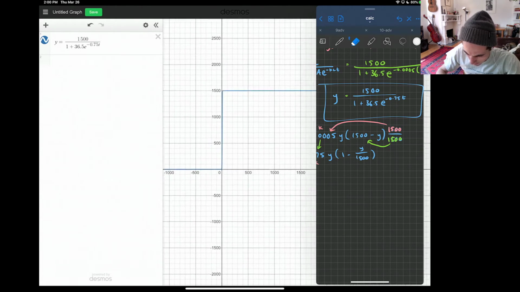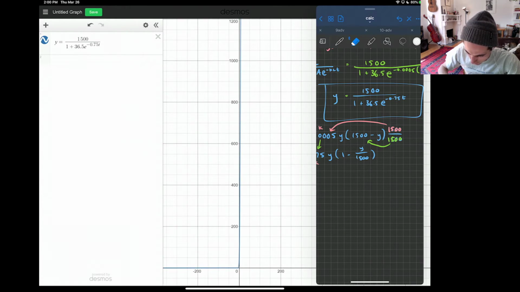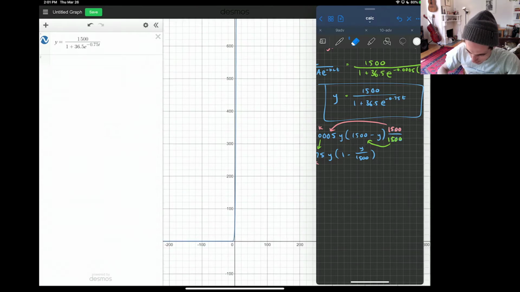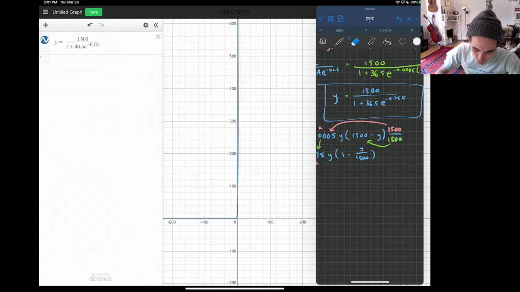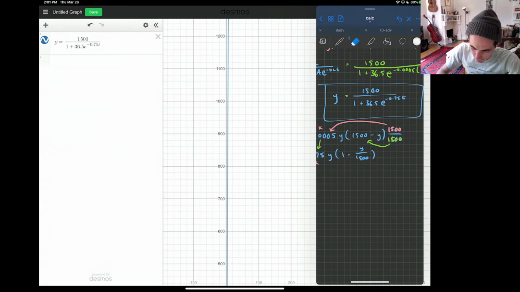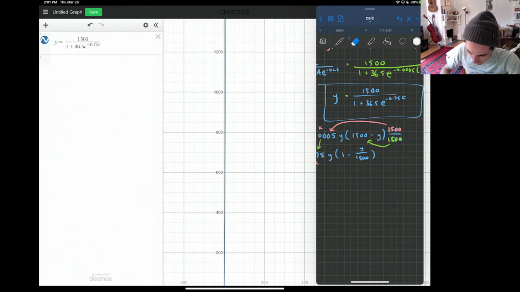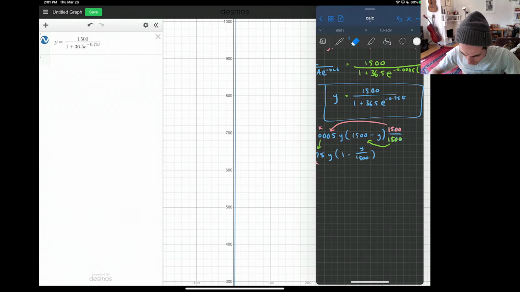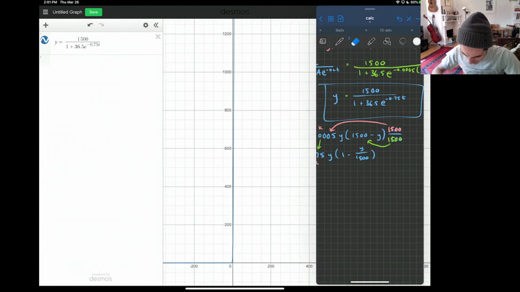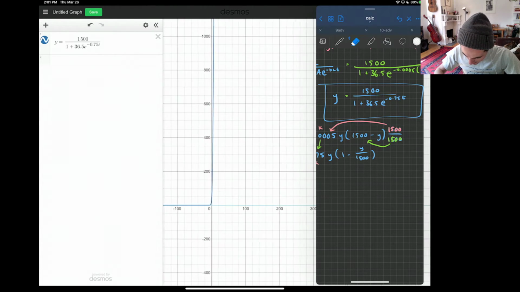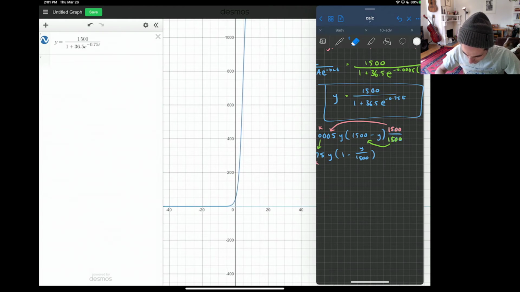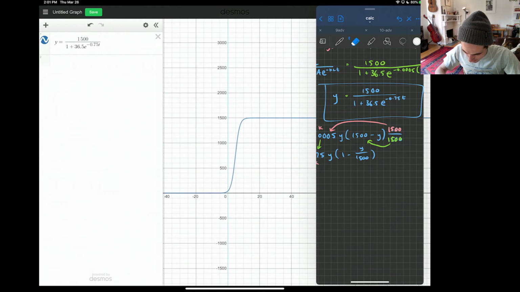Oh, no, it's not weird. I was going to say it looks like there's no limit to it, but then I was like, wait, what would the limit be? Well, it's 1500, obviously. So here it is. How do you do that again? Ah, like this.